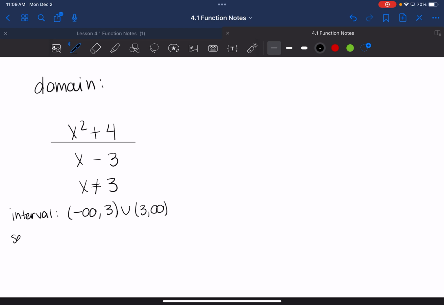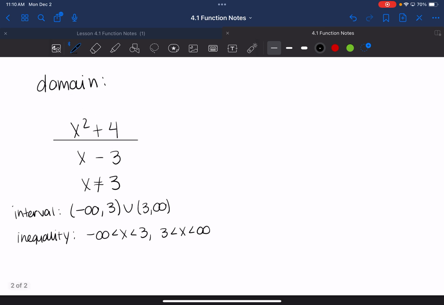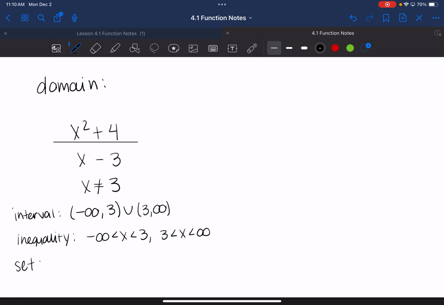If you were to write it as set notation, well, actually, let me do it as inequality notation first. Inequality notation was the other way that some of us were writing it whenever we did this earlier. And we would say that if it doesn't equal 3, then it goes from negative infinity is less than x is less than 3, and then 3 is less than x is less than infinity. For set notation, it looks pretty much the same, only it's inside of this bracket.